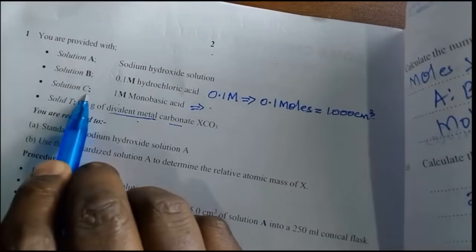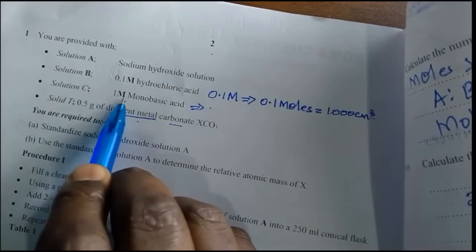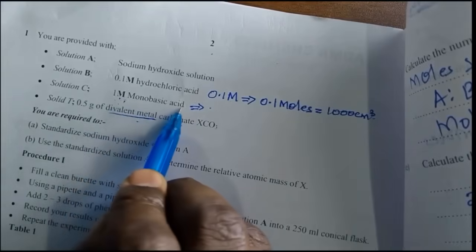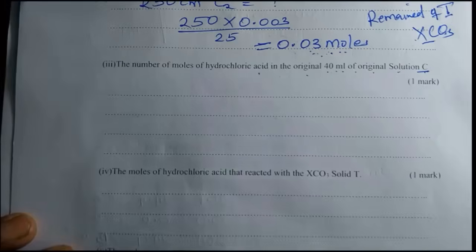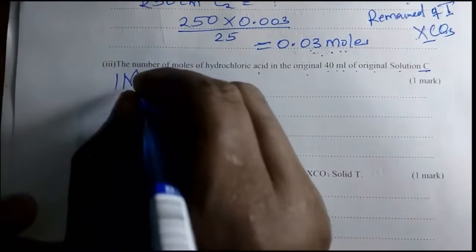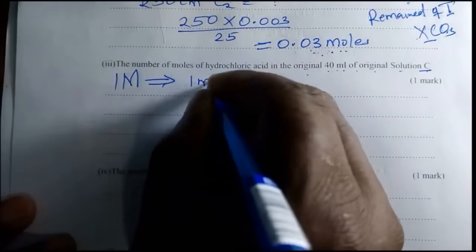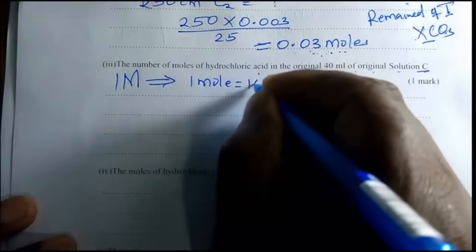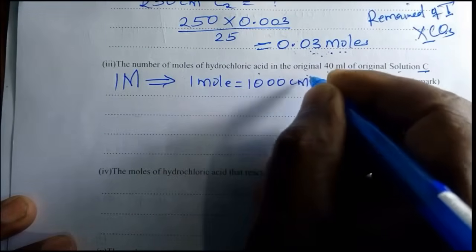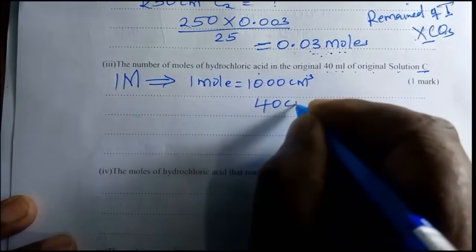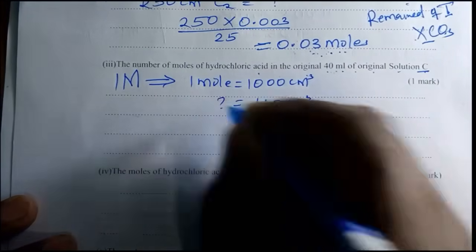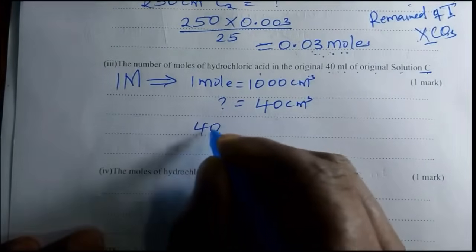So 1 mole is the number of moles in a liter of the monobasic acid, which implies that 1 mole is equal to 1,000 centimeters cube. We ask, 40 centimeters cube will contain what? 40 times 1 divided by 1,000.